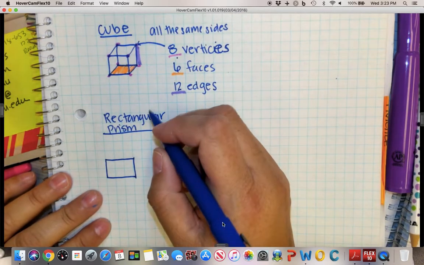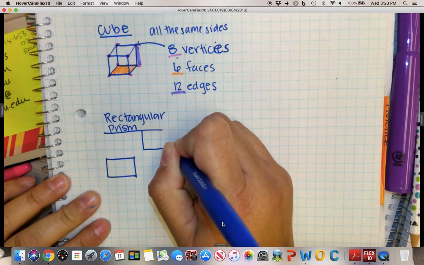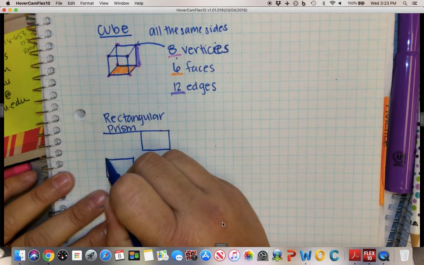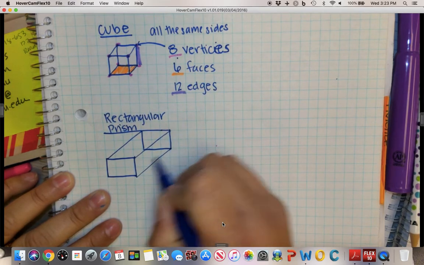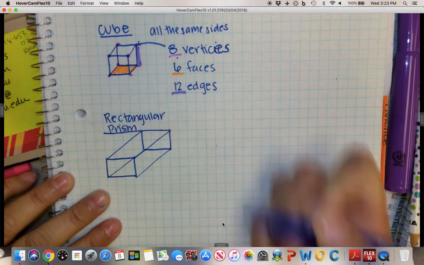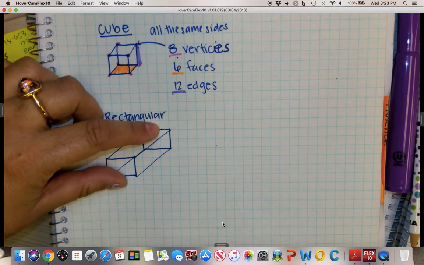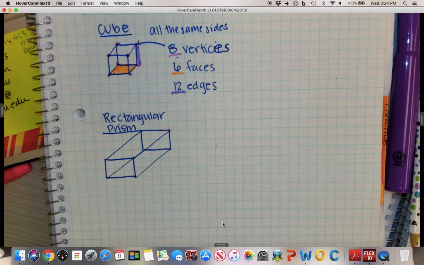And then over here, I'm going to do a 2 by 3 rectangle, and I'm going to connect. It can also be so that it is facing upwards. The shape of it doesn't matter, or how you look at it is going to be different.